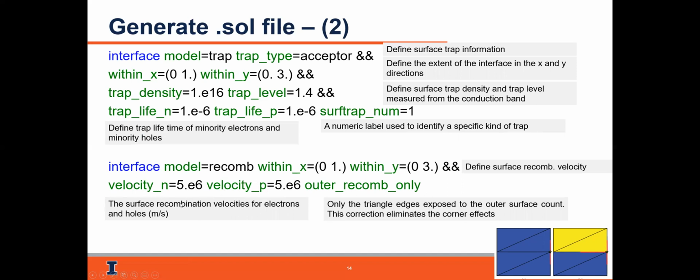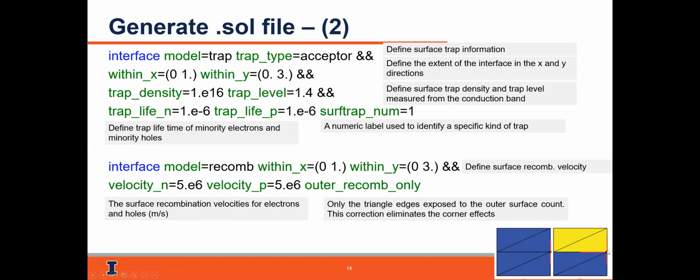They are having the same value. And this outer recombination only argument means that only the triangular edge exposed to the outer surface counts as a surface region. So this correction eliminates the corner effect.